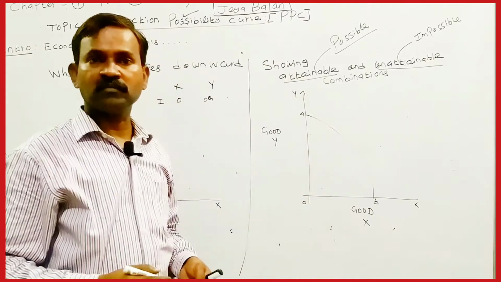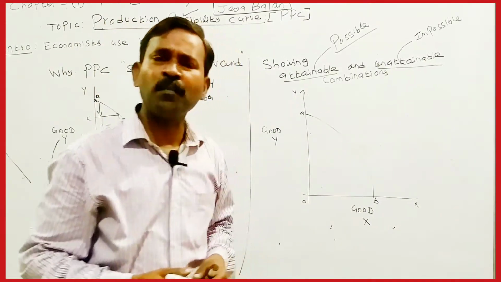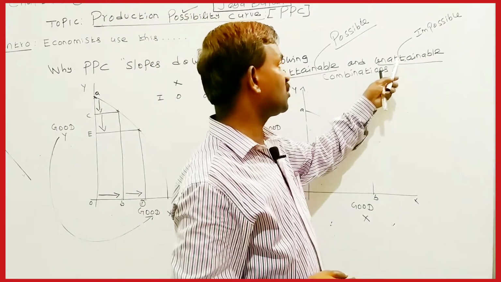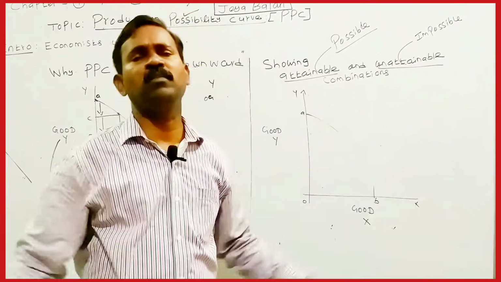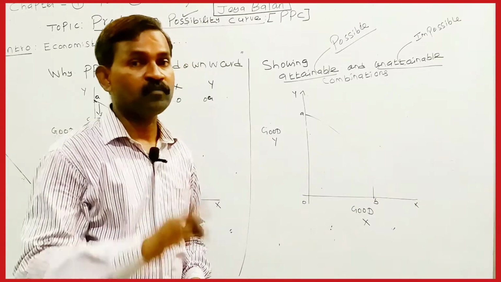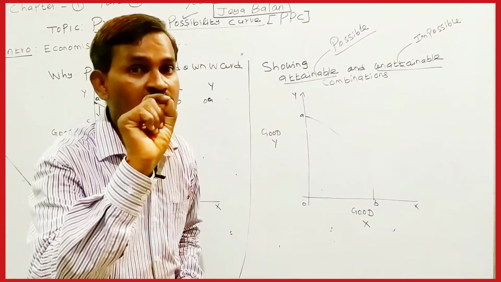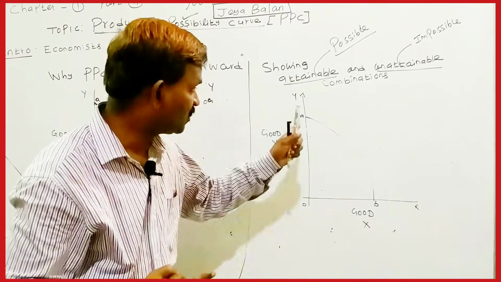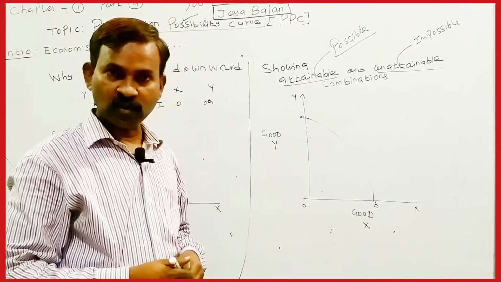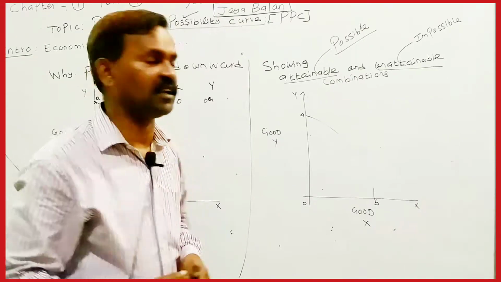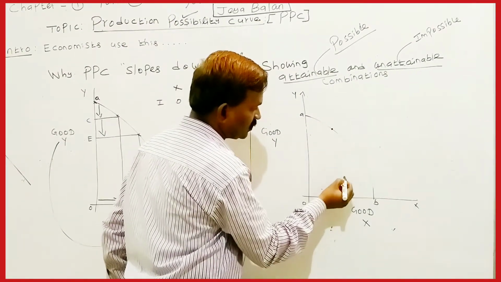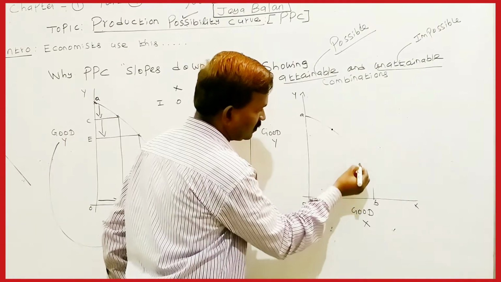Now this topic I am going to explain is what combinations of two goods are possible and what combinations of two goods are not possible. Now you see here. I am going to plot. Students, listen very carefully. I am going to plot 3 points in this diagram. Okay? Or 4, 5 for your better understanding. One is here. Another one is here.